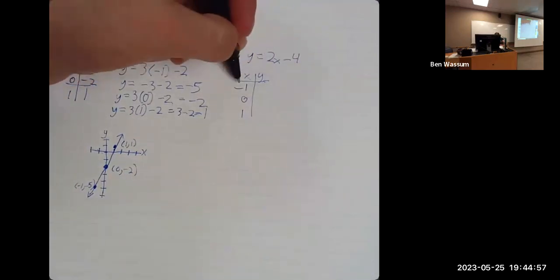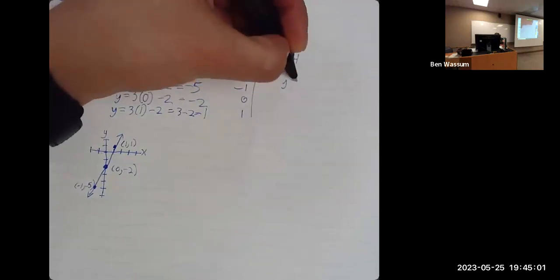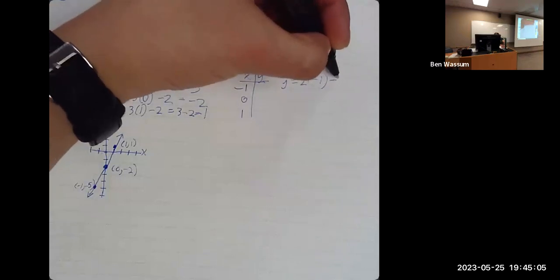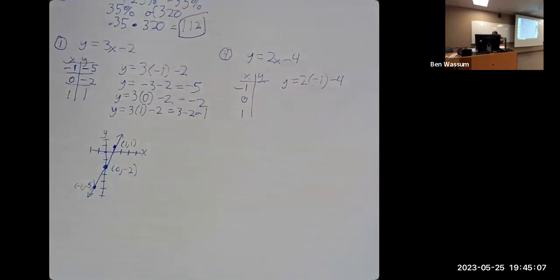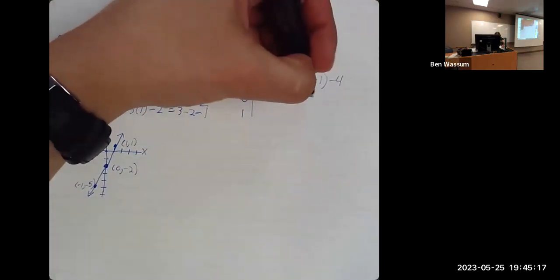So again, we're going to take these x values and plug them in for our y. We have y is equal to 2 times, instead of x, we have -1 minus 4. So -2 minus 4, we get a -6.